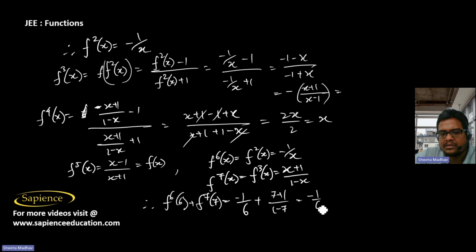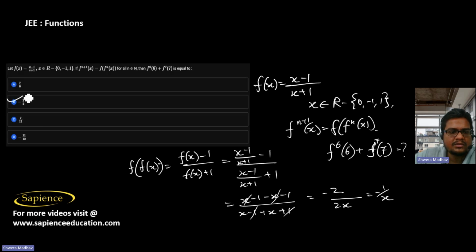So that is minus 1 by 6 plus 8 by minus 6. So this is minus 9 by 6. So that is 3 times 3, 3 times 2. So that is minus 3 by 2. So option B is the correct answer.